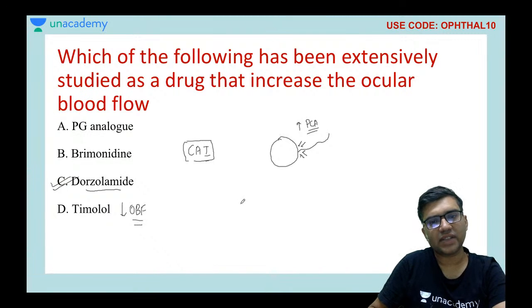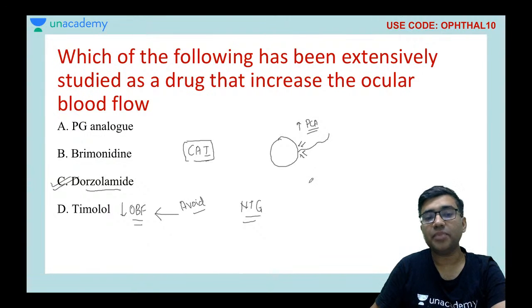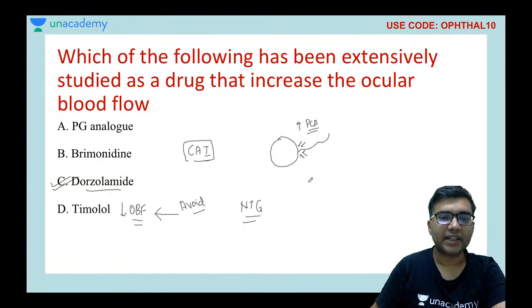Any patient who is having normal tension glaucoma or who is having vasculitis, we avoid giving a beta blocker, because there can be a problem due to decreased blood flow, and if we give timolol that may worsen the situation.